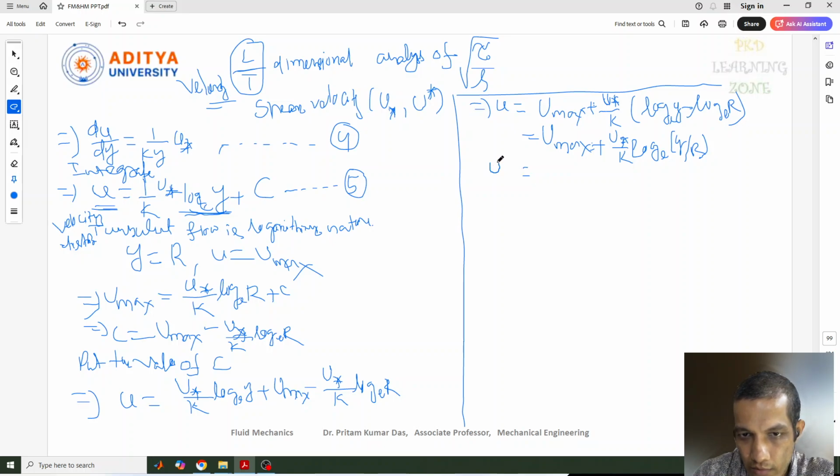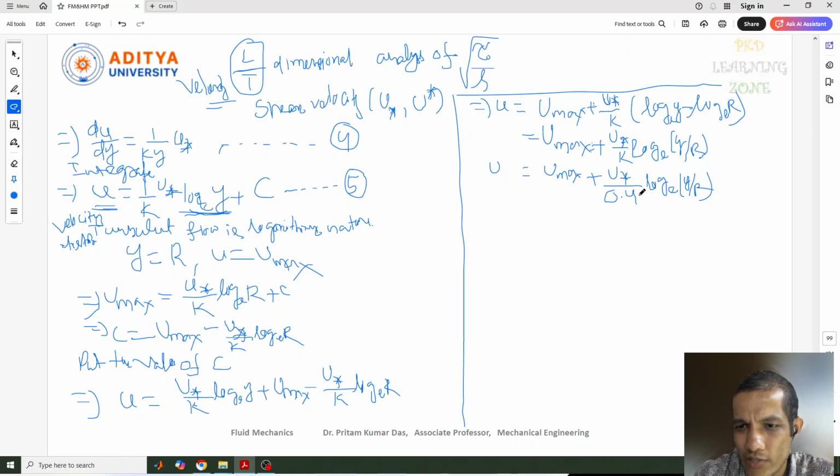So now we'll keep this as U equal to U max plus U star divided by 0.4 log E Y by R. So this is the equation.